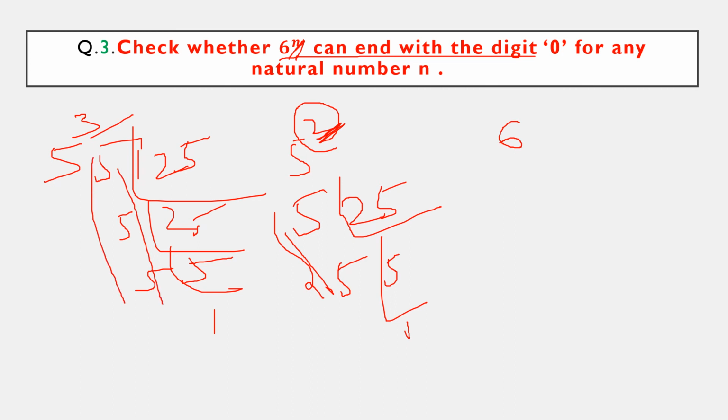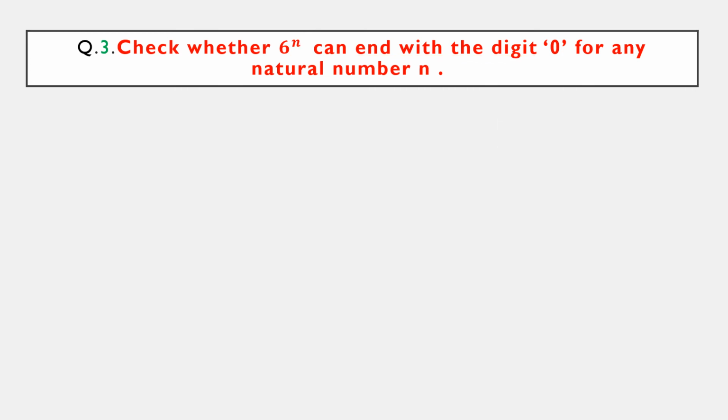Okay, so for 6 power n, first I will do with 6. So prime factorization of 6 is 2 3 6 and 3 1s 3. Okay, so its prime factorization is 2 into 3.